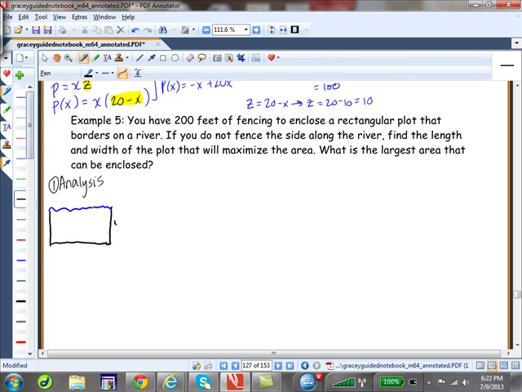Okay, so if we call this the width and this the length, let's see what we know about it. We want to maximize the area.